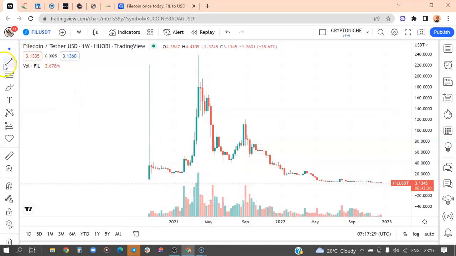And if you look at this price line here, it was listed at about $10 per Filecoin, right? So today it is trading at 3.13 per Filecoin.